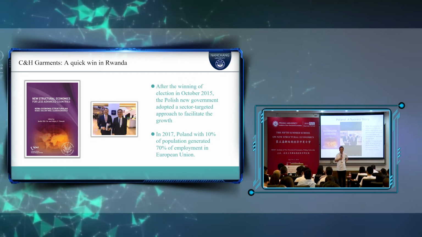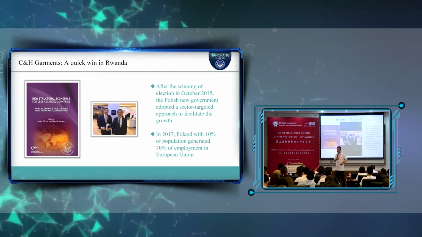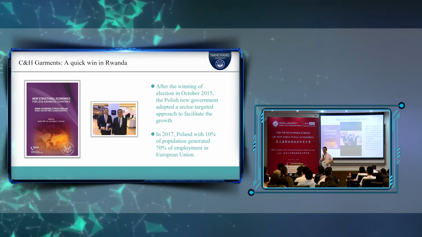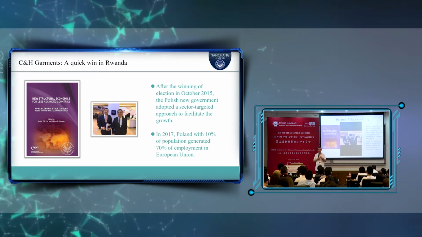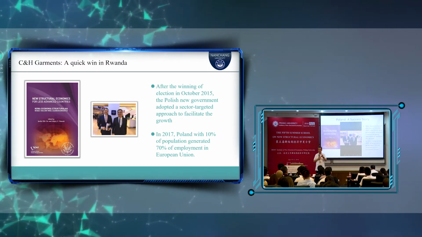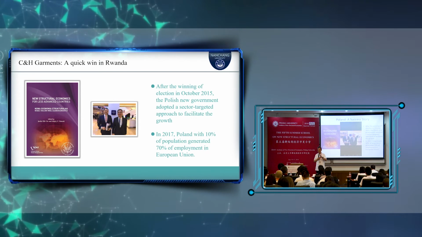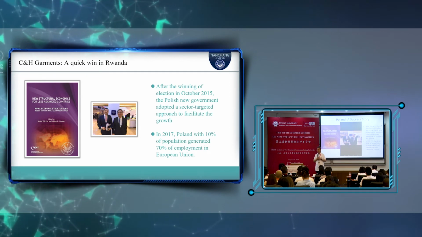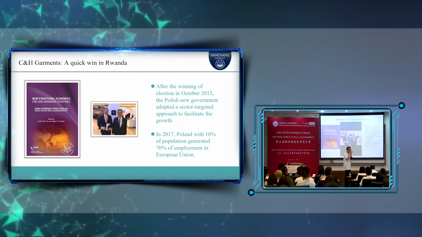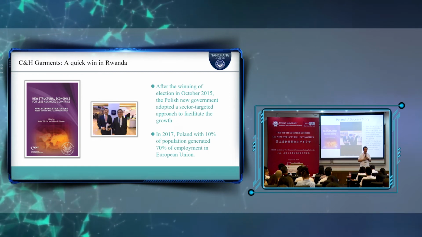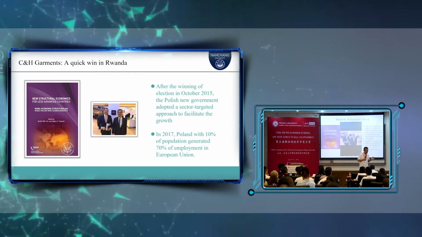Only in October 2015, a new party called Law and Justice came to power. It was the first time for a party to own a single majority in the government, so they could form a single-party government. After they formed the new government, they announced they wanted to do national development planning.